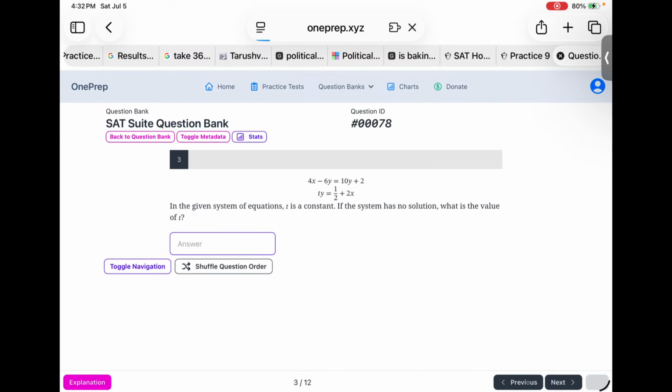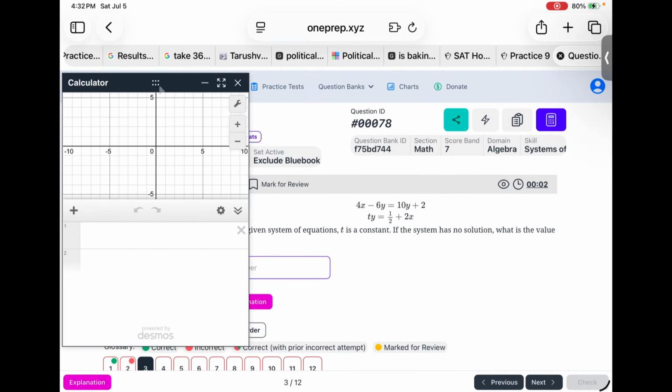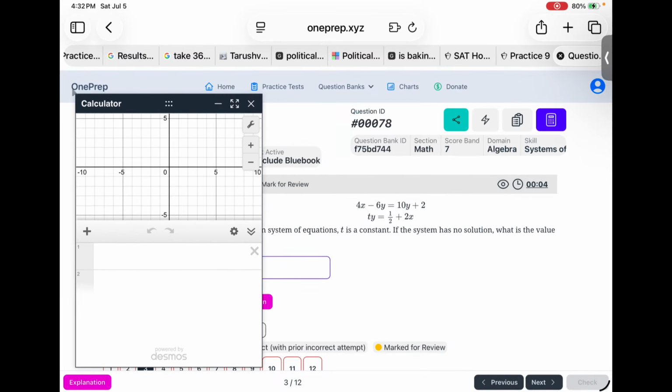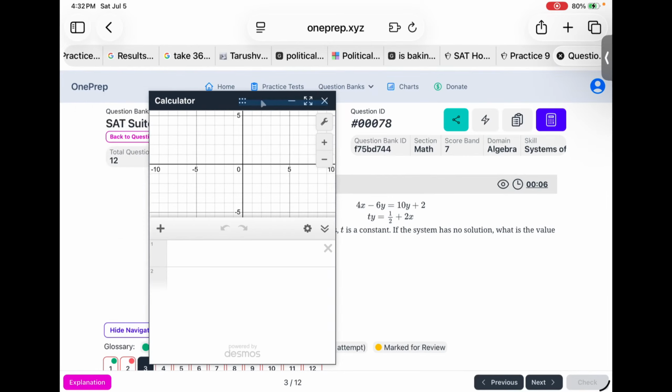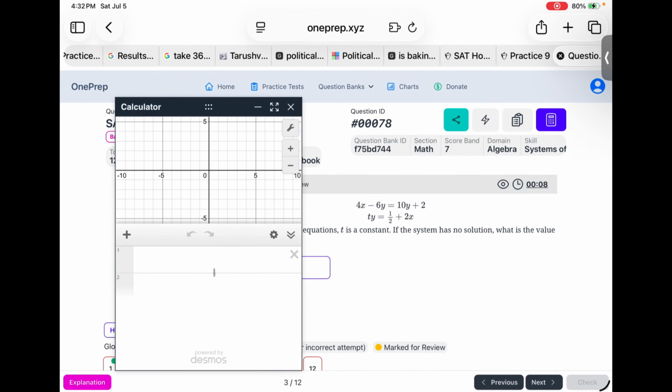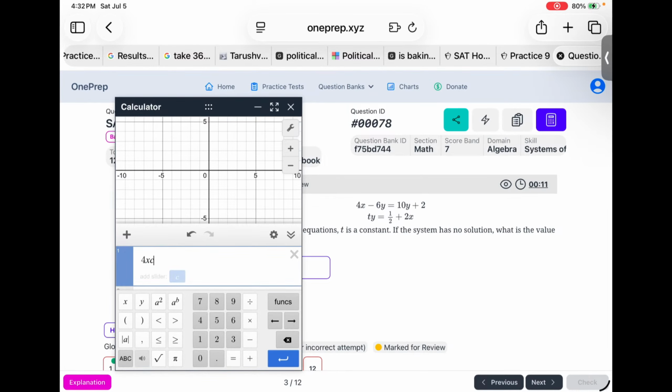Let me move the calculator. Okay. No solution again. It's the value of t. So let's see if we can reliably do this slider thing.